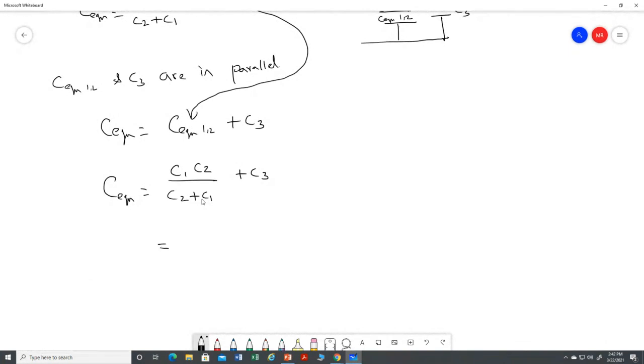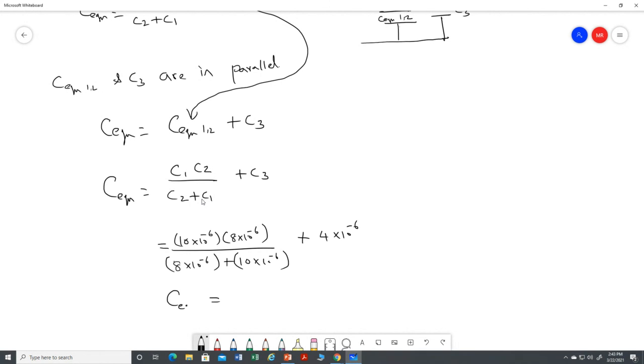My C1 value is 10 microfarad, so 10 multiplied by 10 to the power of minus 6, multiplied by my C2 value, 8 microfarad, 8 times 10 to the power of minus 6, divided by C2 value 8 times 10 to the power of minus 6 plus C1 value 10 times 10 to the power of minus 6, and then plus my C3 value, 4 multiplied by 10 to the power of minus 6. Clear?